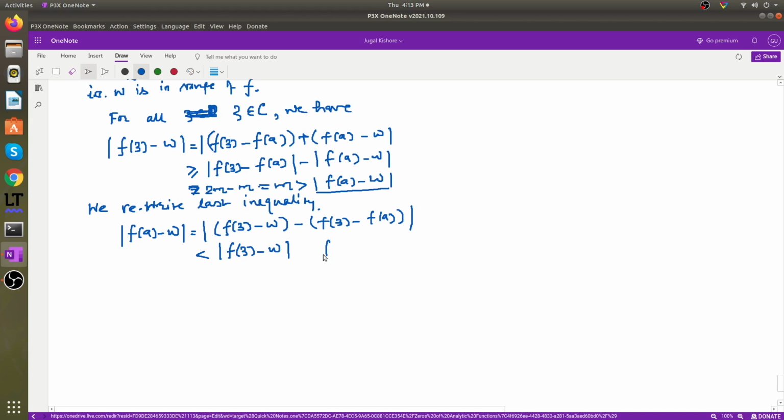That is valid for all z belonging to C. Now we can see that we can use Rouche's theorem.